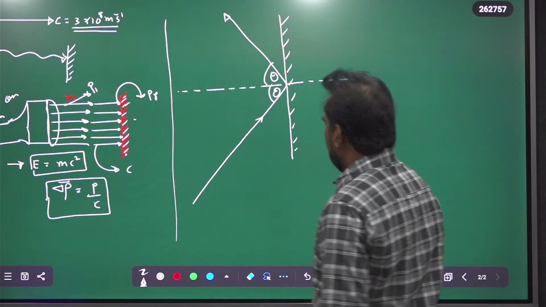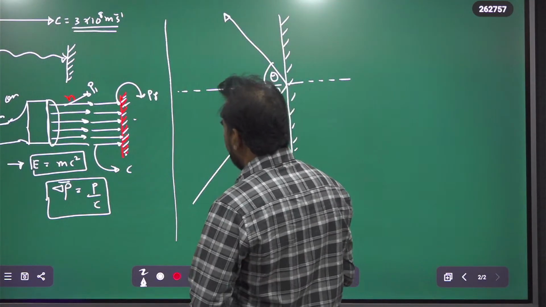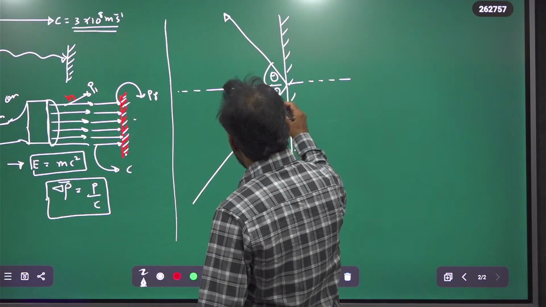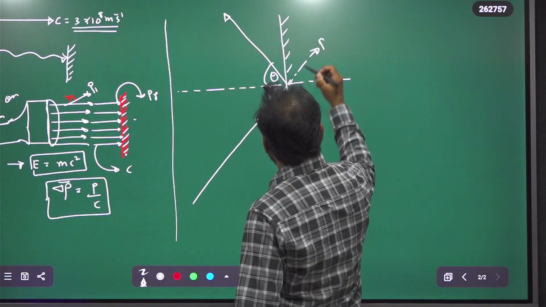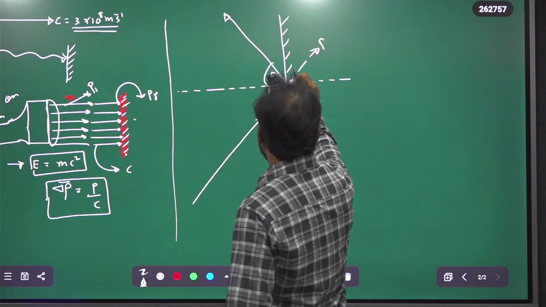The amount of force exerted by the photons per second is given by how much here? See, this momentum can be resolved into two rectangular components. This direction of P makes some angle theta, so this angle also would be theta.